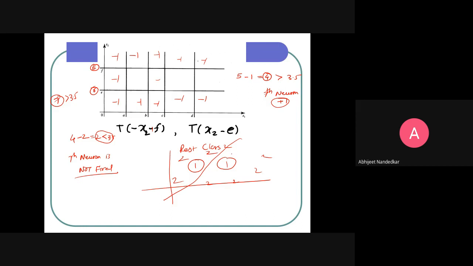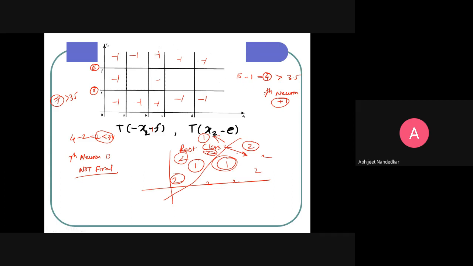If I draw like this, then this region is, suppose, class 2 and this region is class 1, then all these samples are misclassified, and for the other thing this region is misclassified. So there is no solution with a linear kind of thing.